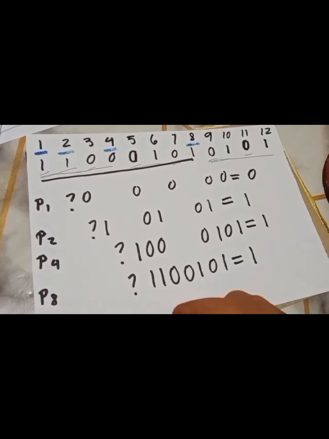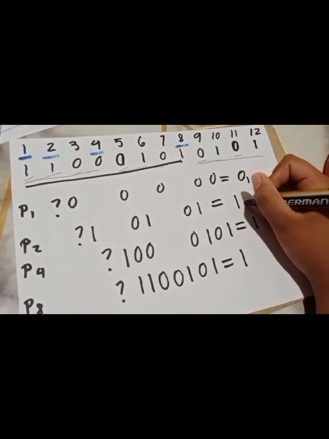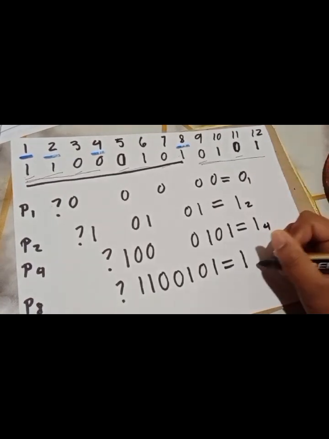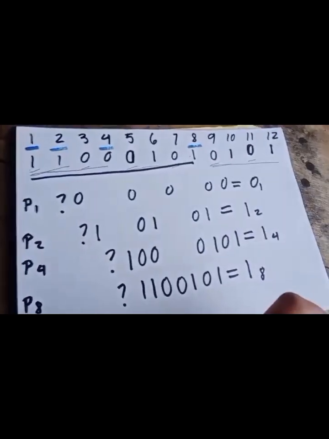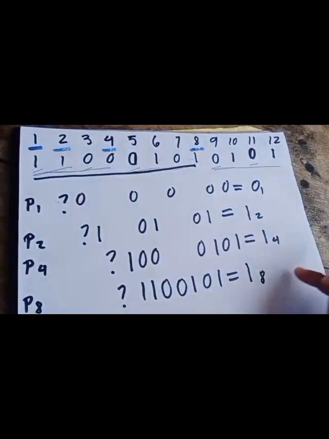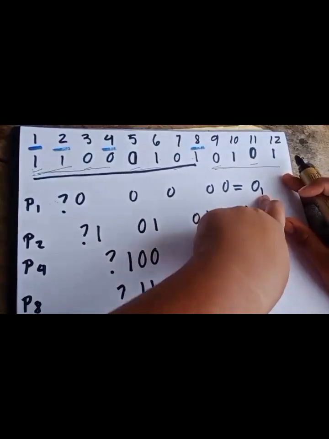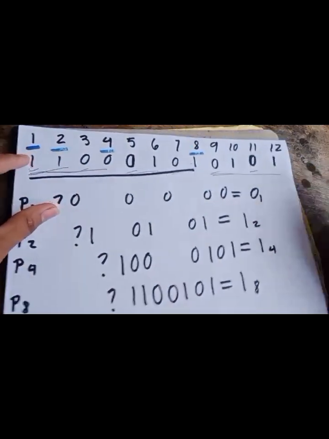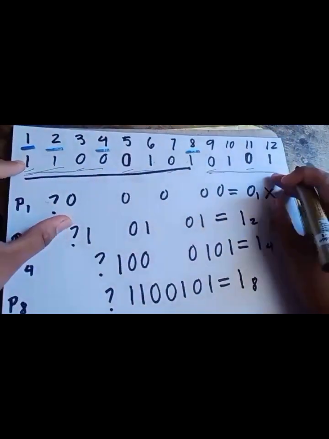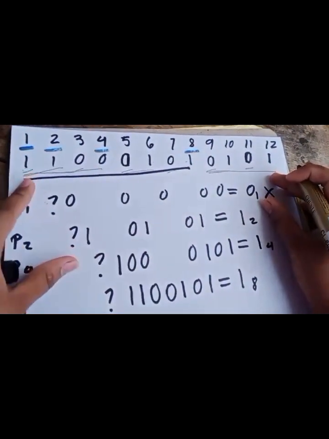And next, let's copy here the parity bits 1, 2, 4, and 8. Next, let's see if these 4 answers are correct. Number 1 is wrong because the bit here is 1.